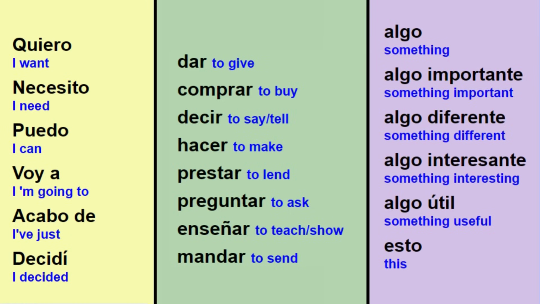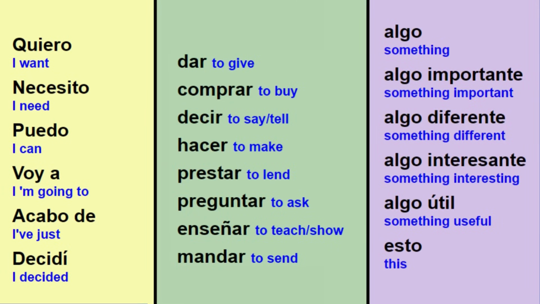And then we have algo útil. Útil, useful. It's one of those words that's actually quite easy to remember. Útil, like utilize, useful. Algo útil, something useful. And esto, this. So how would you say to send something useful? To send something useful, what would that be?